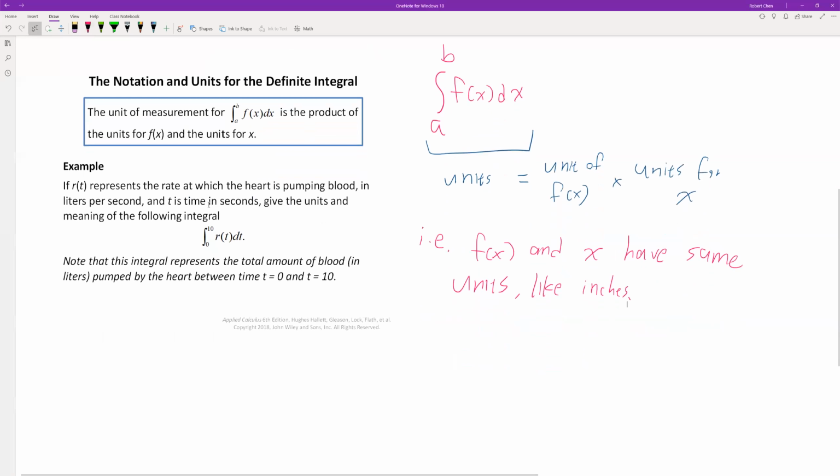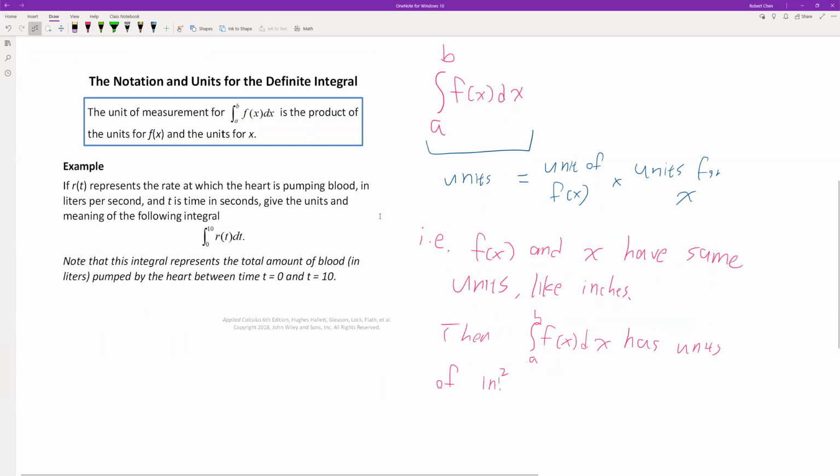Then the integral of f of x from a to b will have the unit of square inches, because it's inch times inch, square inch. So we can think about this as like an area.